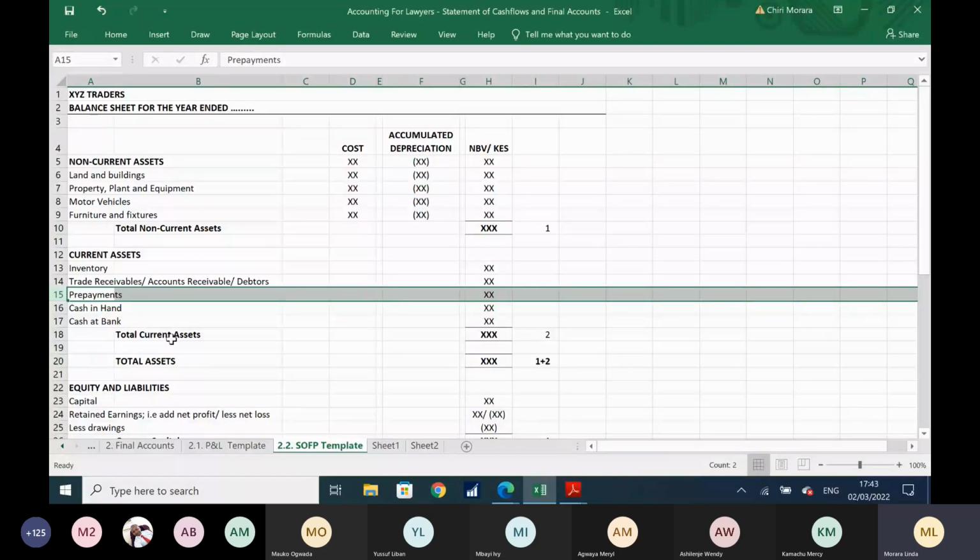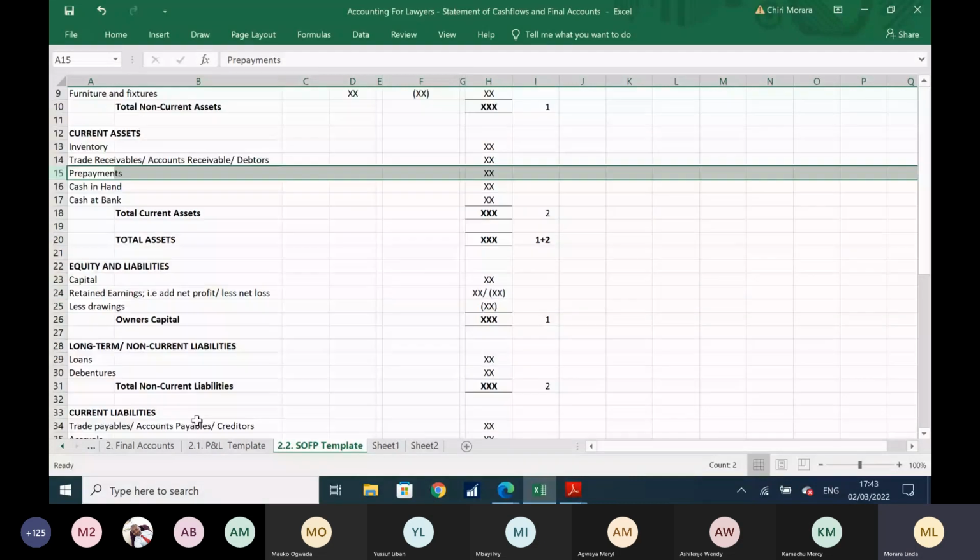Since you were invoiced with one invoice and you paid the entire amount, which covers until May 2022, you must apportion, because the expense that is relevant for the 2021 year runs from June to December. So the prepayment is the amount that you've already prepaid from January to May, when that policy is supposed to expire.